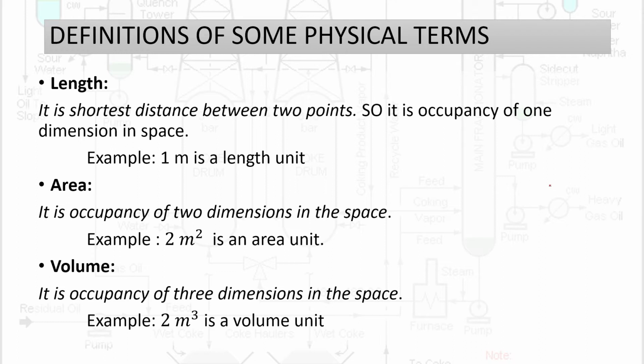As example, if we say 2 meters square, that means area, units, length and width. So you can here talk about some flat surface or volume. It is an occupancy of 3 dimension in space, like a cup of water, like what we are now in our existence life.